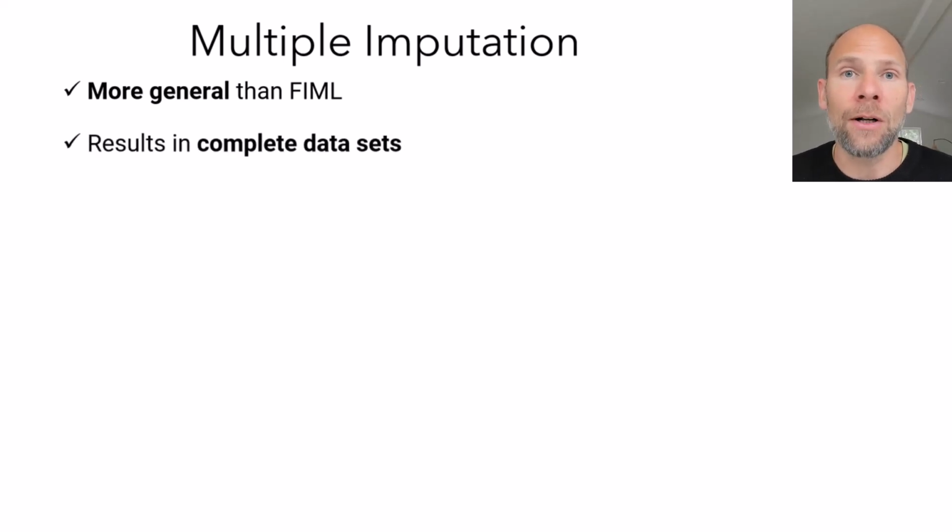Also, it results in complete data sets, and that may be something that you may like. Under certain situations, we might like the idea that we impute once, then we have complete data, and then we fit whatever models and statistical analyses we want to this complete set, or these sets of complete cases. Whereas with FIML, it's new in every analysis.